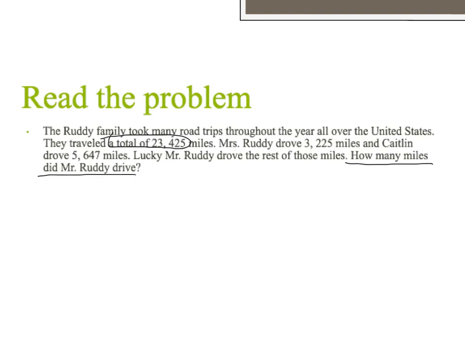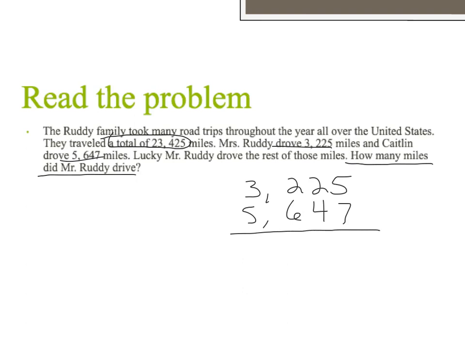So we know that Mrs. Ruddy drove 3,225 miles and Caitlin drove 5,647 miles. And what we're trying to figure out is what the difference in these miles are from the total.